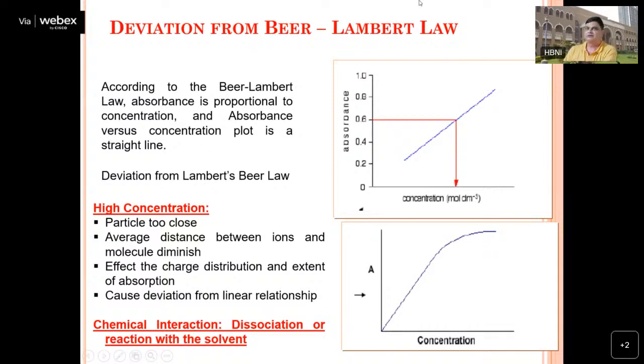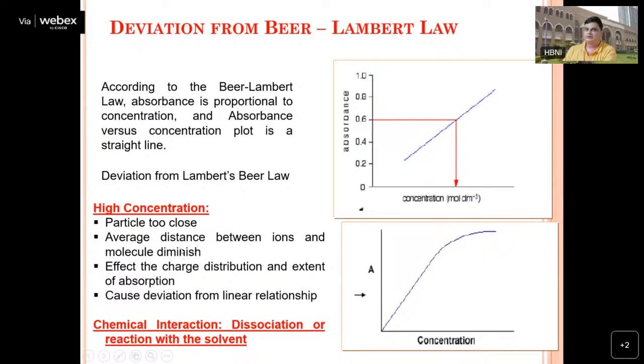Ideal solution means it meets the conditions of the Beer-Lambert law, because the Beer-Lambert law is not followed in the case of high concentration samples. And generally, whenever there is interaction between the solute and the solvent, it also does not follow. So instead of a straight line, we get a saturation, and we get a plateau at the top.